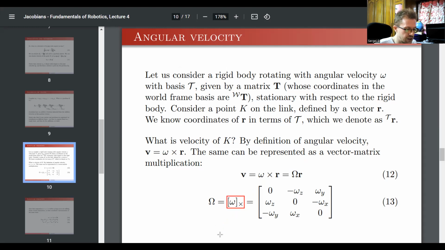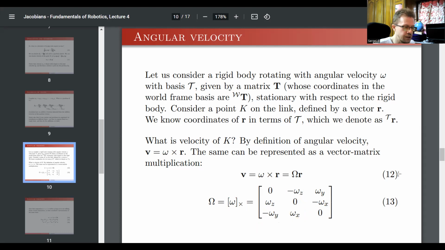And it goes like this. You have a matrix with zeros on the diagonal. You have y coordinates here. Notice that it is skew symmetric. So if here is a minus sign, here would have to be a plus sign. Y coordinates here. If here is a plus sign, here has to be a minus sign. And minus x here. Here has to be plus x.